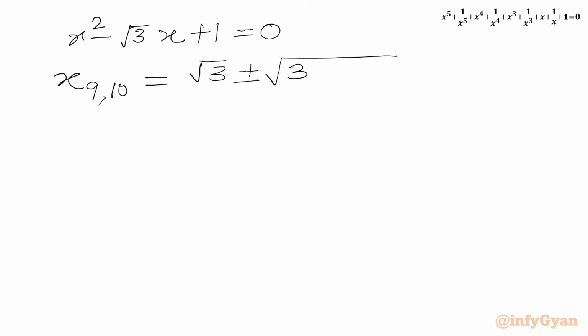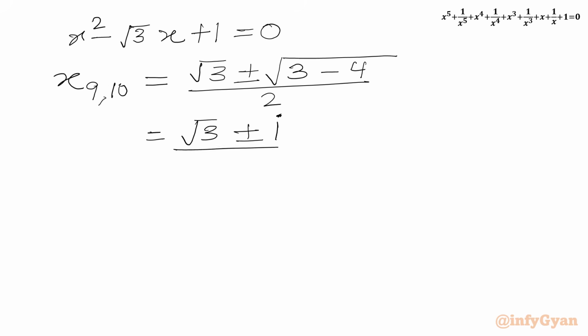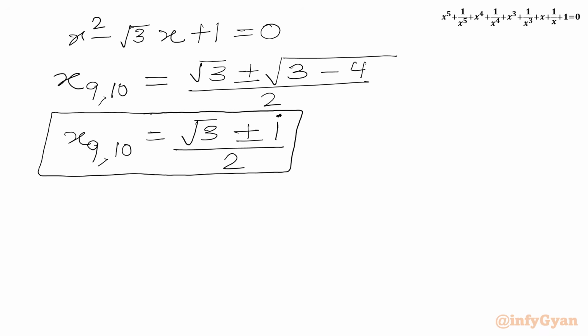We will write 3 minus 4 over 2 times 1 is 2, which will give us root 3 plus minus, this is square root of minus 1, which we can write i, over 2. So in total we have 10 complex roots of this equation.